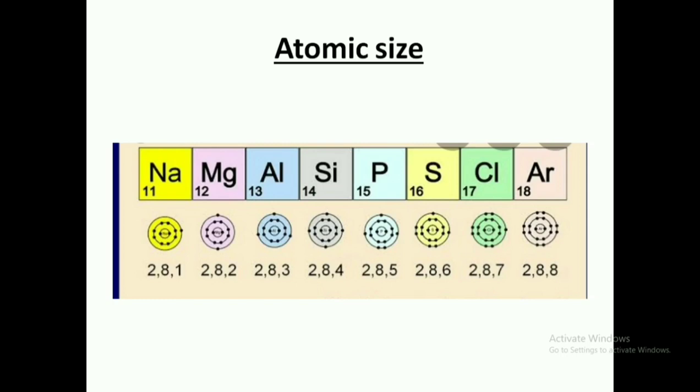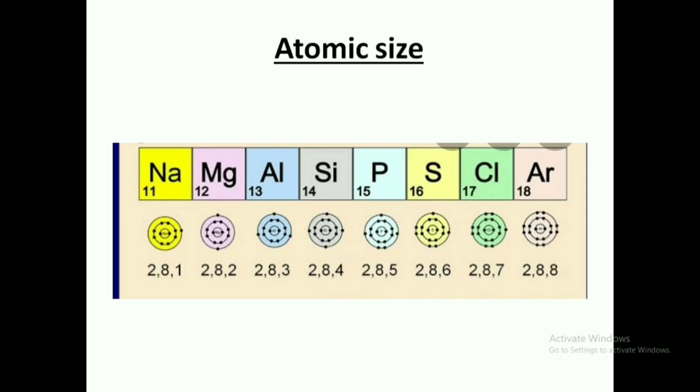In the case of magnesium, the third energy level contains 2 electrons. In aluminum, the third energy level contains 3 electrons, and in silicon, the third energy level contains 4 electrons. In phosphorus, the third energy level contains 5 electrons, and so on. That means no new shell is added, but only 1 electron is added.